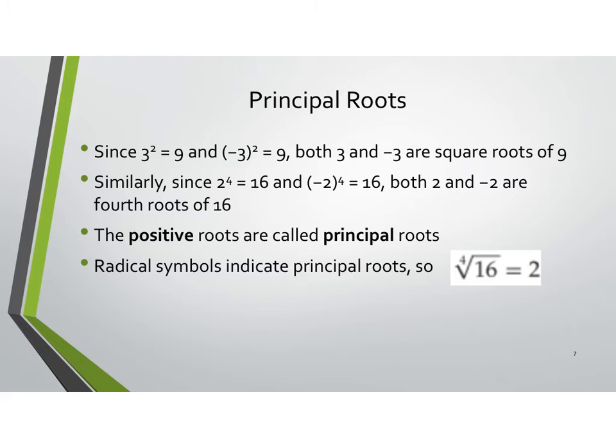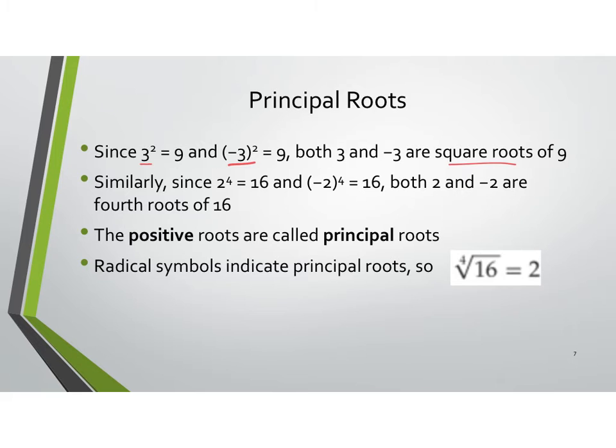What happens when you're squaring numbers and variables is that 3 squared and negative 3 squared both equal the same thing, 9. Which means that they're both square roots of 9 by definition.